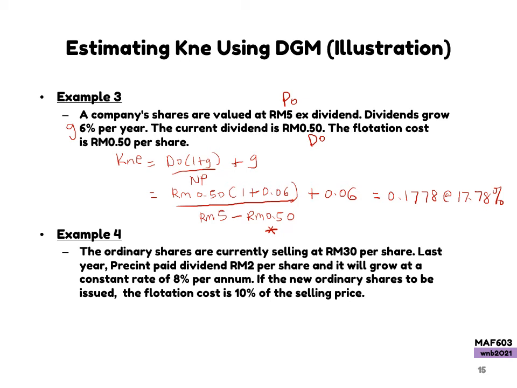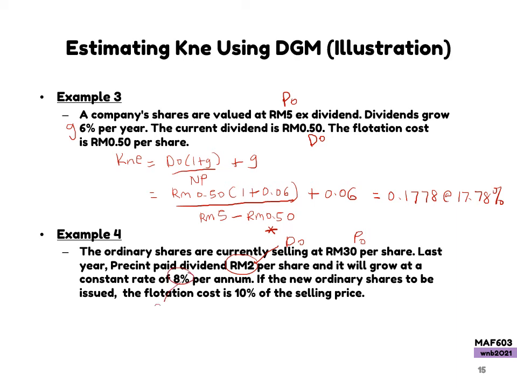Okay, kita buat example 4 pula. Ordinary shares currently selling at 30 ringgit per share. This one is P0. Last year, Precinct paid dividend 2 ringgit per share. So, 2 ringgit is you punya D0 sebab last year. It will grow at a constant rate of 8% per annum.